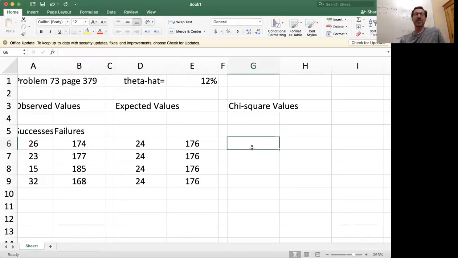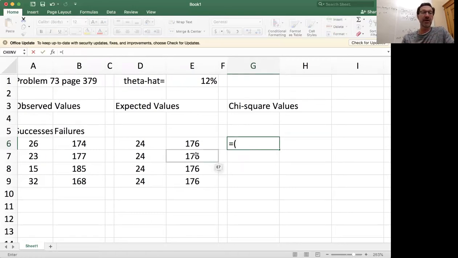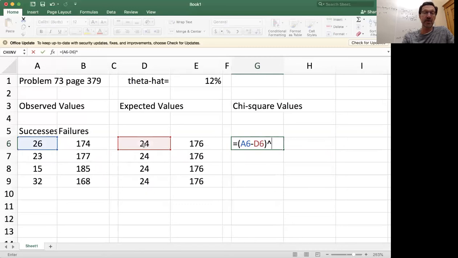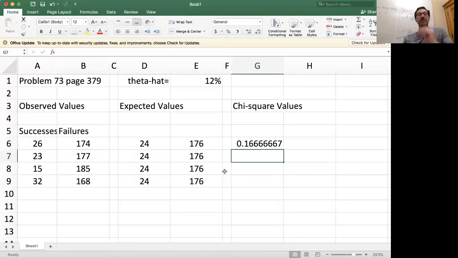Now we build in our data, and all we have to do is say equals, and then we're going to take this number: observed minus expected, square the quantity, and divide by expected. 26 is super close to 24.